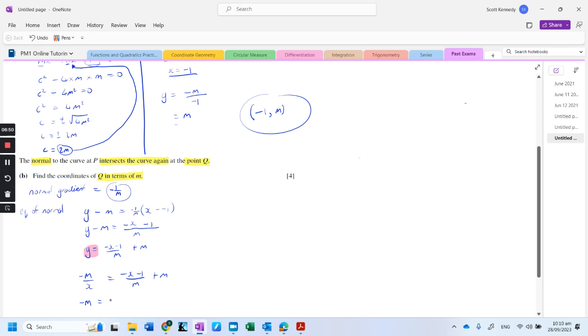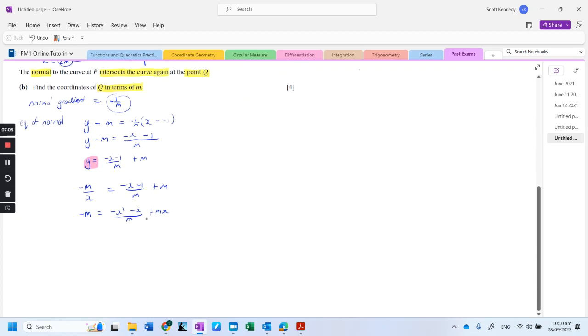So I'll get negative x squared minus x all over m plus mx. And then we will multiply both sides by m. So we get negative m squared equals negative x squared minus x plus m squared x.